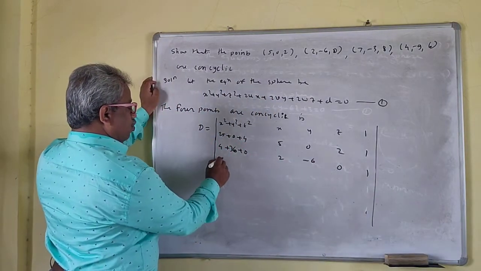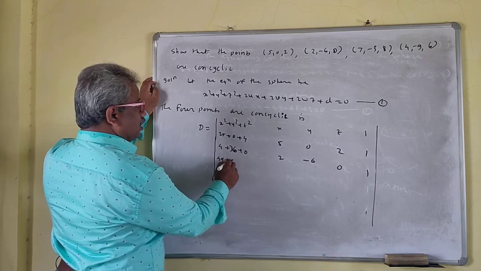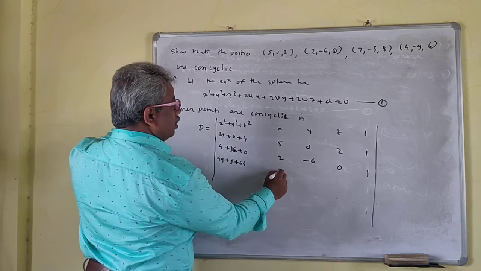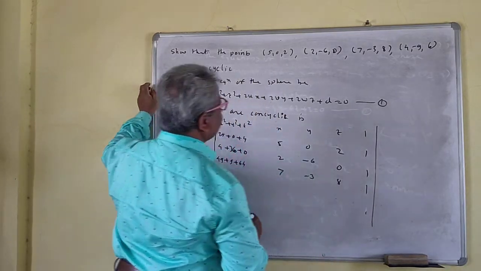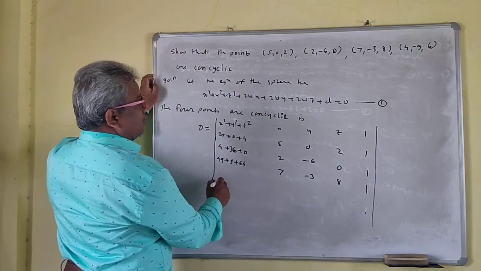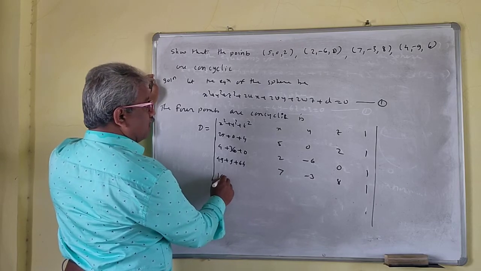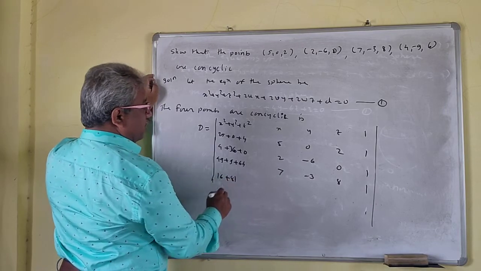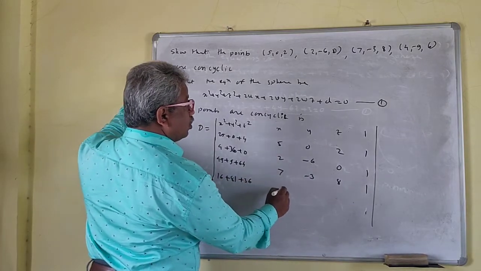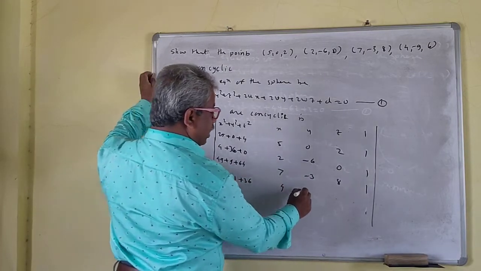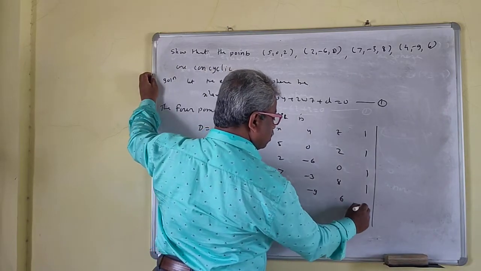Then 49 plus 9 plus 64, 7 minus 3 8 1. Then 16 plus 81 plus 36, so 4 minus 9 6 1.